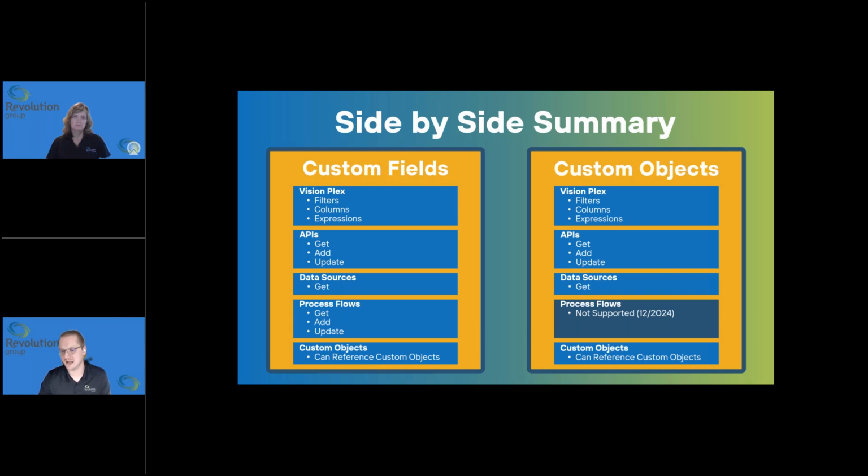However, custom objects are not supported in process flows yet as of the time of this recording of December 2024. Both custom fields and custom objects can be used to reference other custom objects to have a nested relationship.